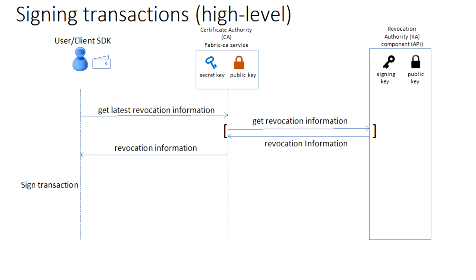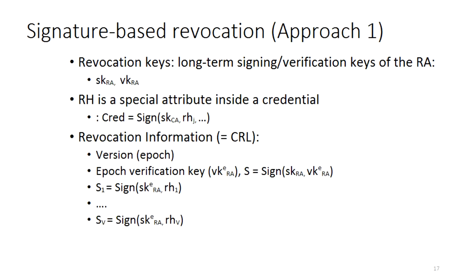The CA can call the revocation authority once per epoch, for example, to get the fresh CRI, and then keep it and respond with it to queries by the peers, users, or whoever wants to access it. Based on that CRI, the user is able to sign a transaction and create a non-revocation proof. How we do it will be discussed a bit later.